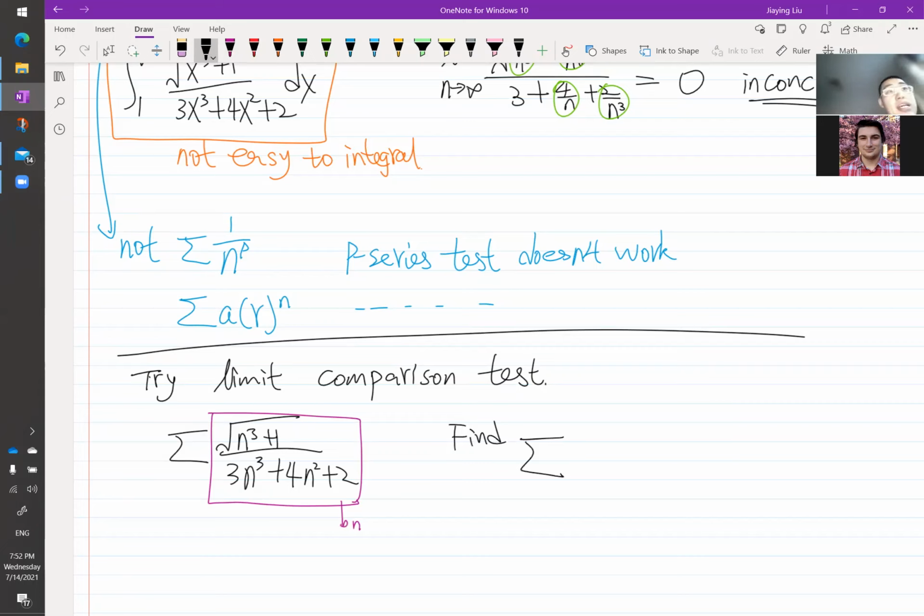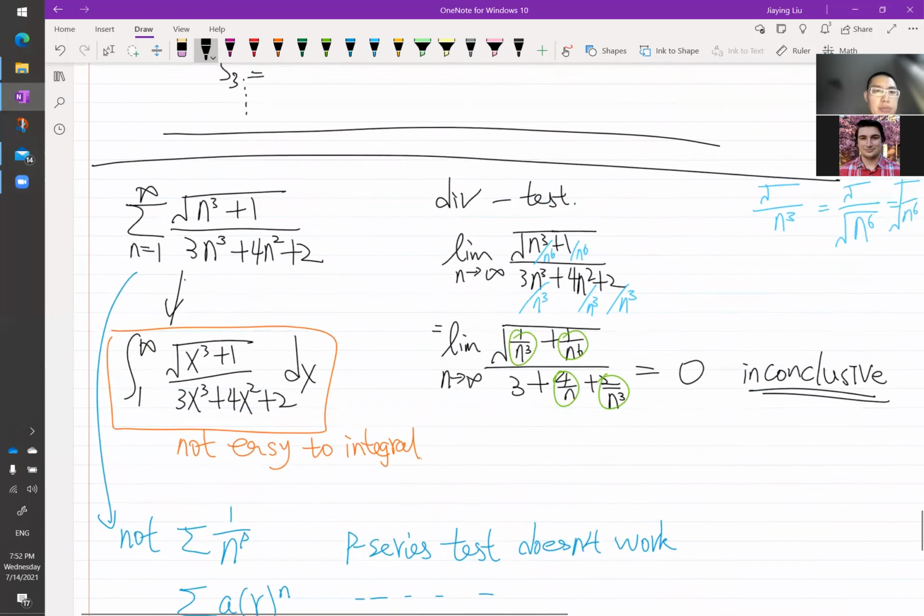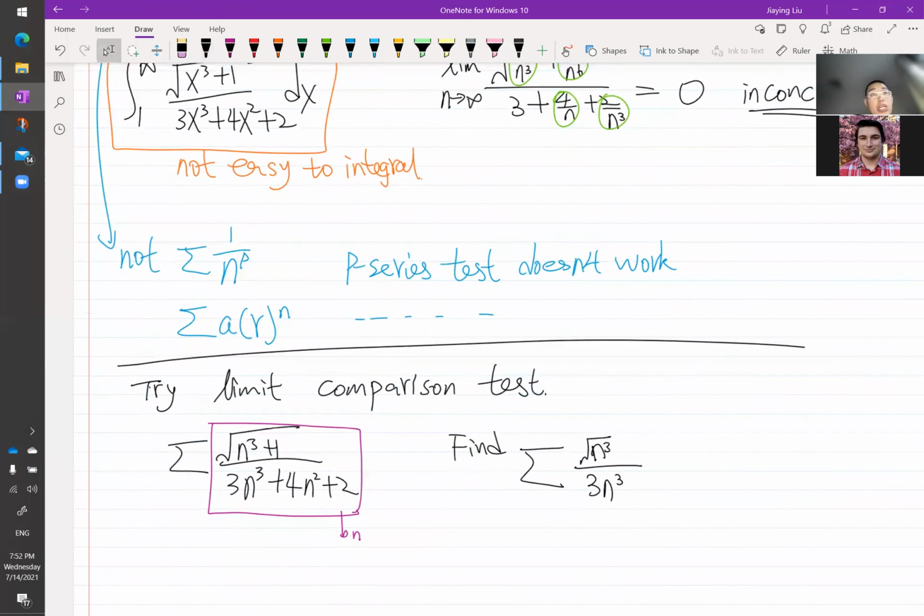If you remember the example I did, for the second series I use the leading term of the numerator and the leading term of the denominator of the given one. So I'm going to take the square root of n cubed for the numerator by dropping the 1, and then 3n cubed for the denominator. So that will be my new series.